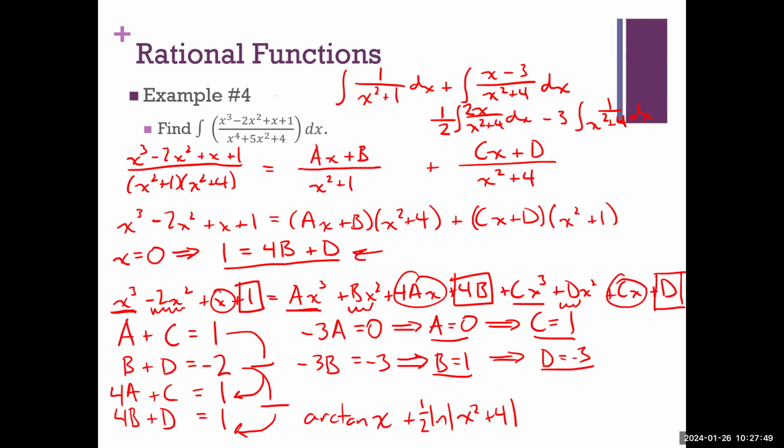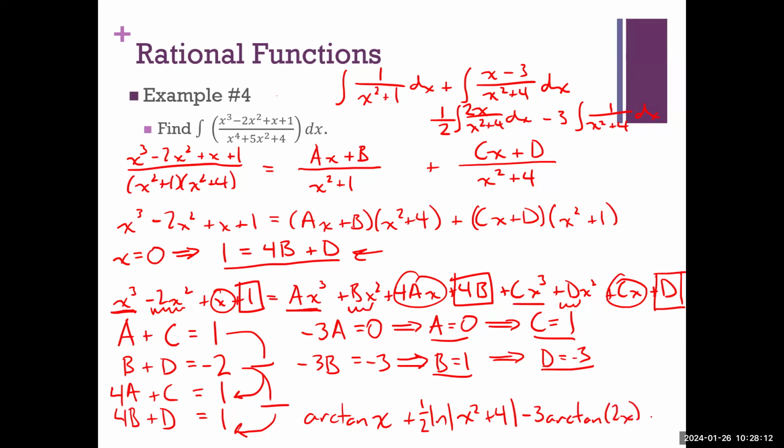All right. I'm going to write this off my board so you can see it better. What's the integral of 1 over x squared plus 4? It is an arctangent, but it's going to be a little different this time, right?